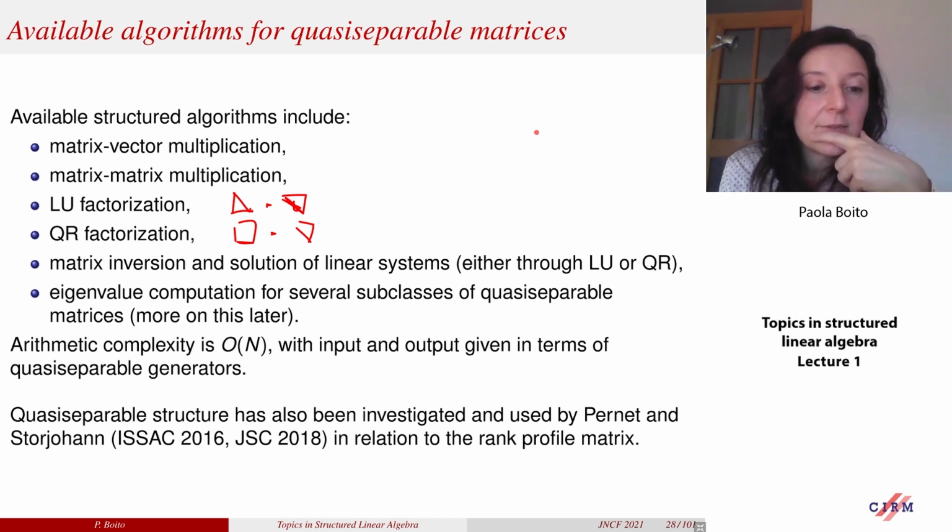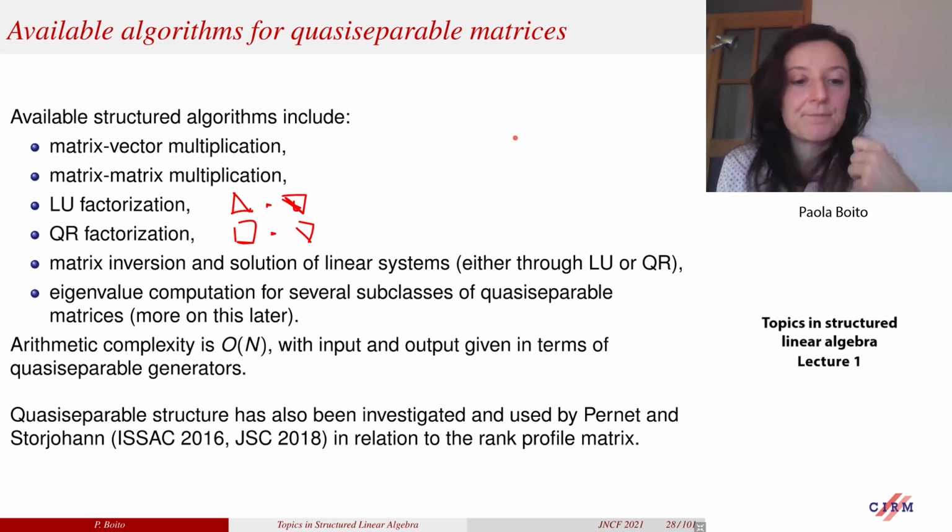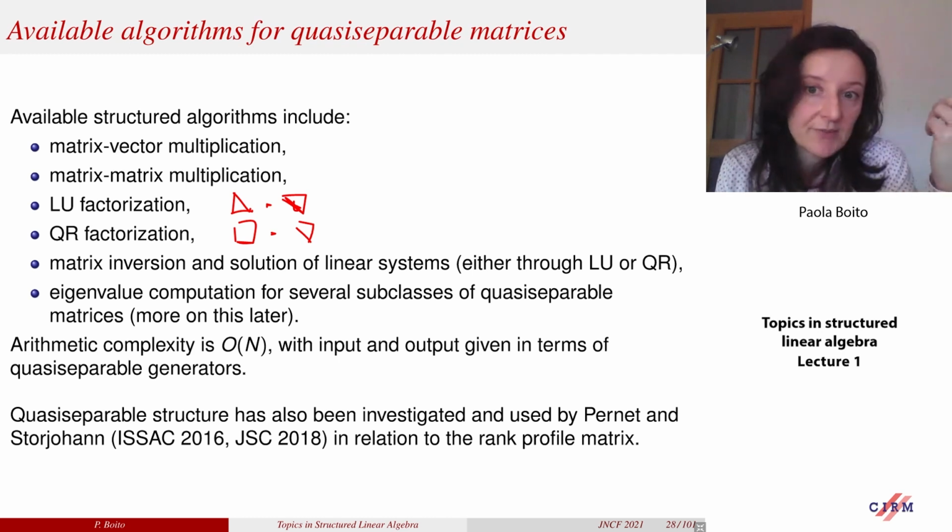Over finite fields, you mean algorithms for quasi-separable structure? So we first need to take a look at what it means to have a quasi-separable structure in a finite field, because you would use the same definition, I suppose.